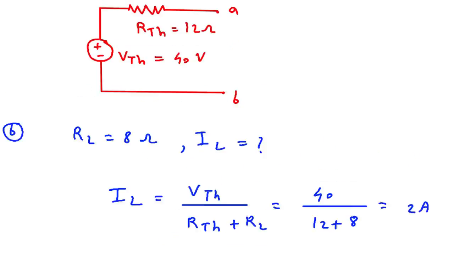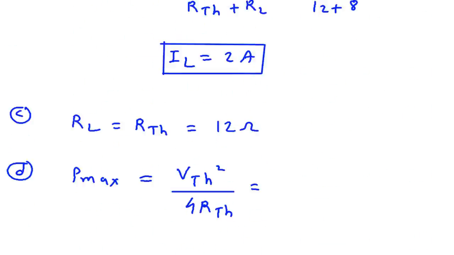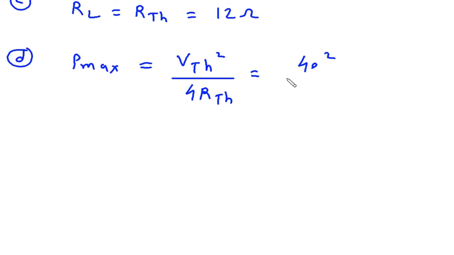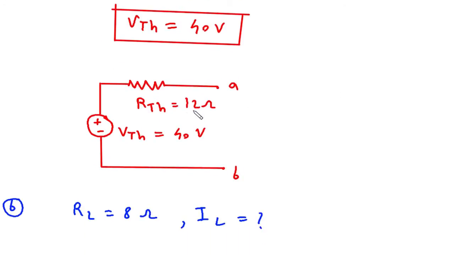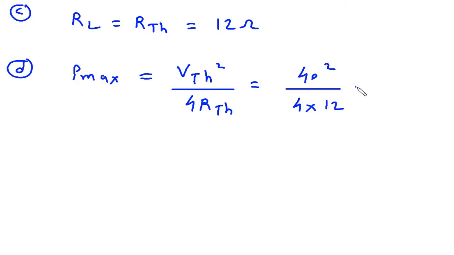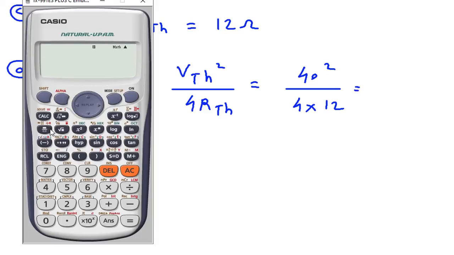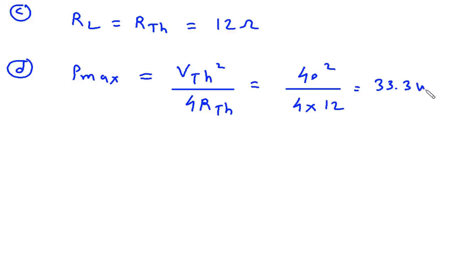VTH square is 40 square divided by 4 into RTH, and RTH is 12 ohm. So 40 square divided by 4 into 12 will be 33.3 watt. This is the value of P max.